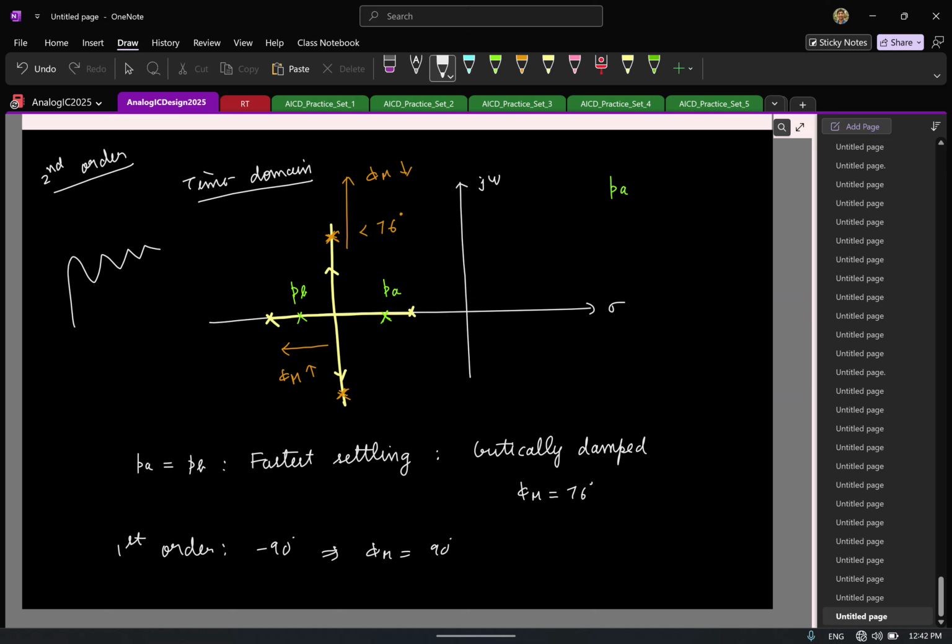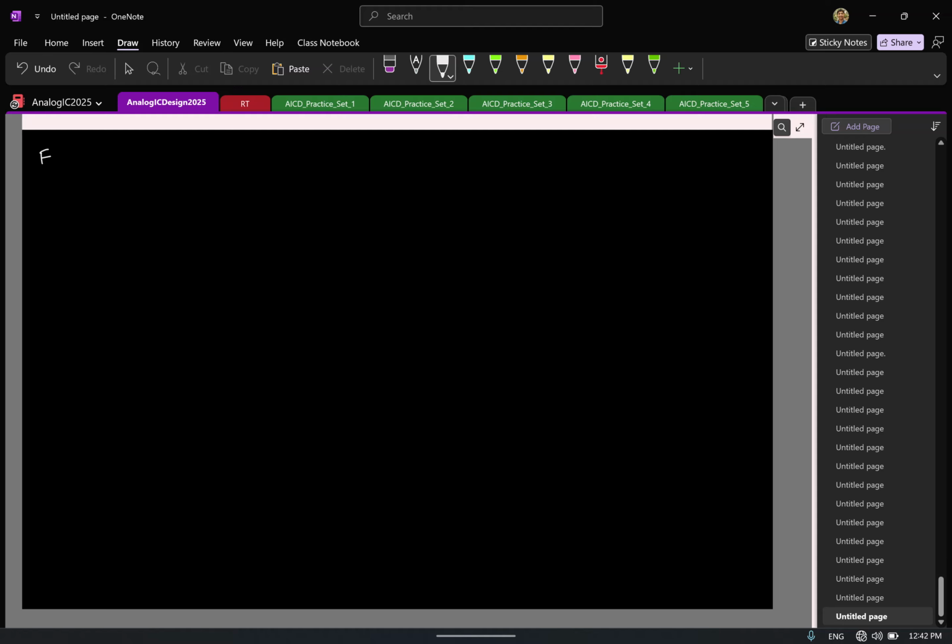Similarly, now we can try to see what happens in the frequency domain. Now remember my closed loop system is 1 by beta times loop gain by 1 plus loop gain.